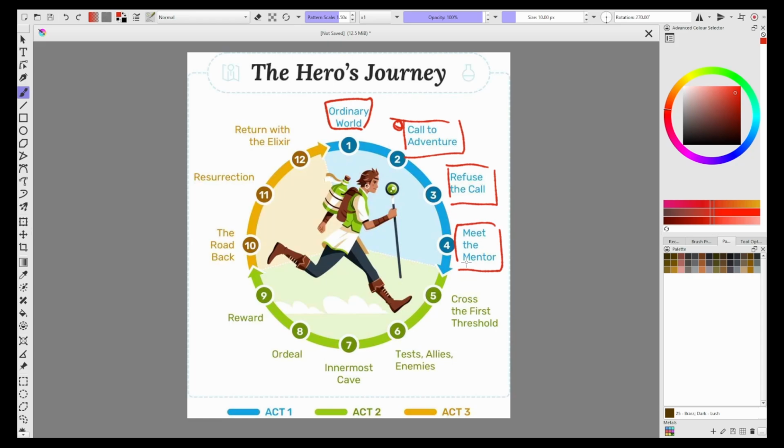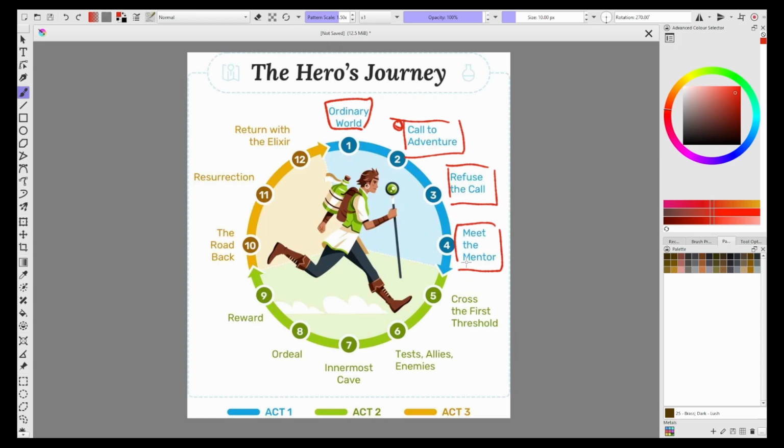And so in this beat, the character comes into contact with this character or something that is going to help them throughout the rest of the journey. This is where basically they are solidified in that they have no choice. Usually in these sort of hero's journey stories, it is another character.